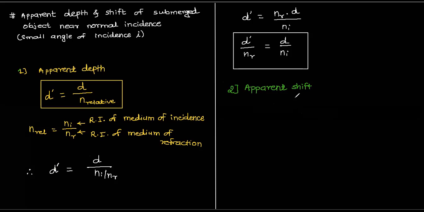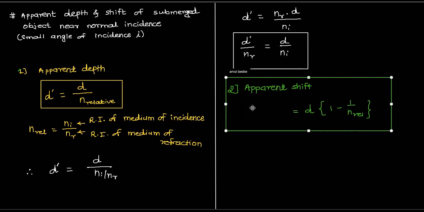So if you want to find apparent shift near normal incidence, then its formula is equal to d, that is real depth, into 1 minus 1 by n relative, which is your apparent shift. So this formula you can keep in mind.